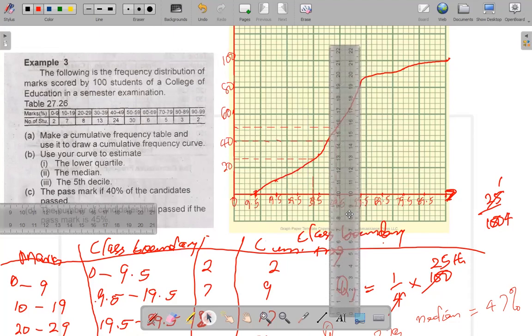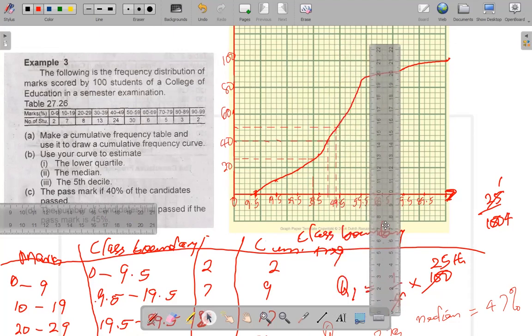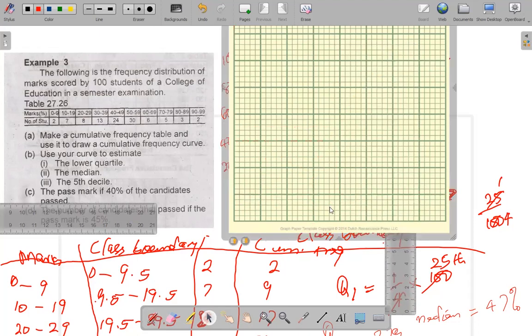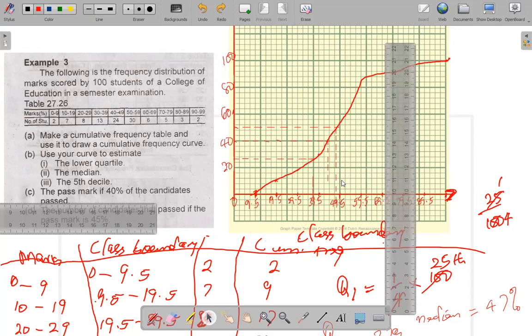That place where we touch the curve, trace it to the x-axis below, the pass mark. I'm going to assume it's on this line, so it's not perfectly here. Yeah, so I'm assuming it's on this line.